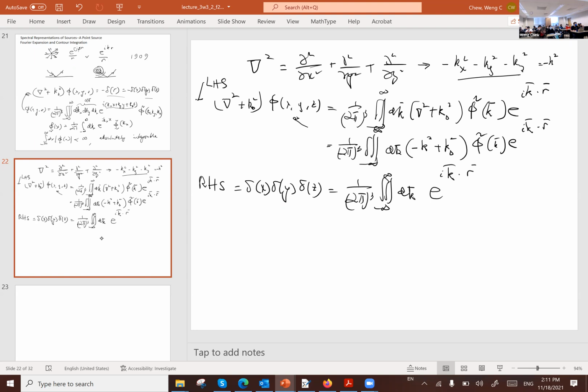Now I can equate the left-hand side and right-hand side, and claim that these two integrals are equal to each other. So I assume that these Fourier transforms exist and that they are equal to each other. When two functions are equal to each other, the Fourier transforms are also equal to each other.